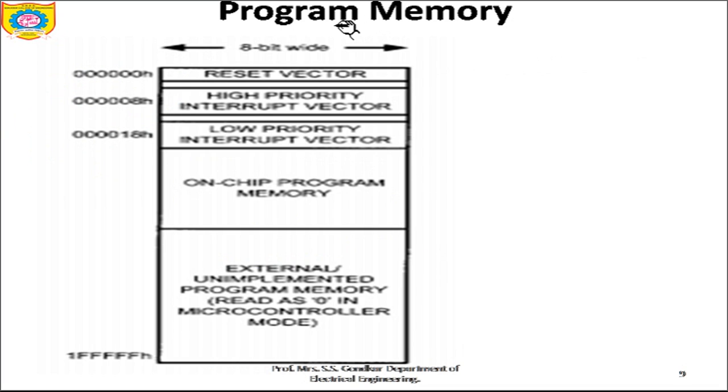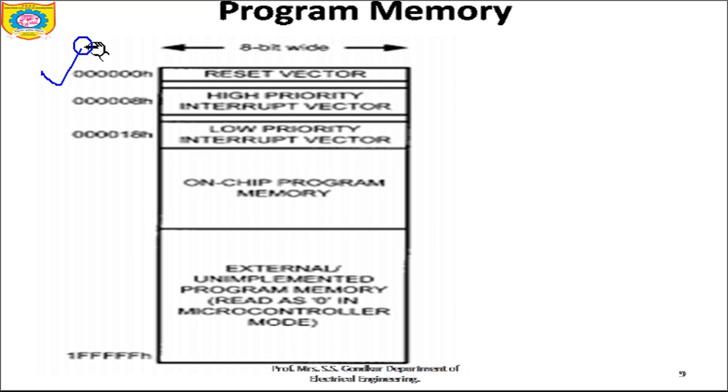This is how the program memory usually looks, because the program counter fetches data from the program memory. Program memory is 8 bits wide. On reset, the program counter holds the address 0000H.